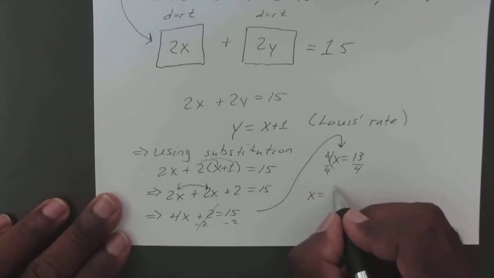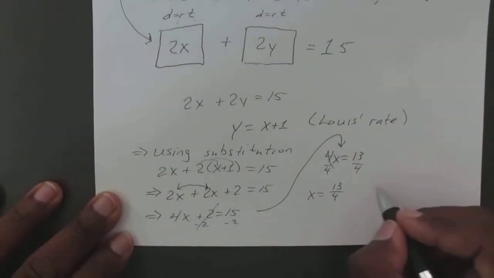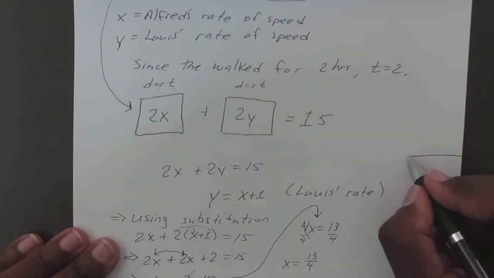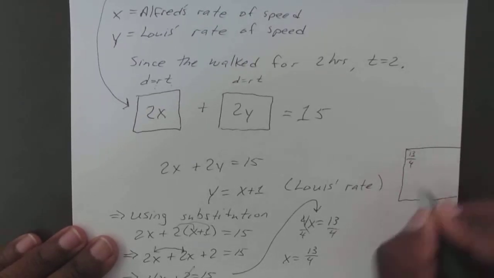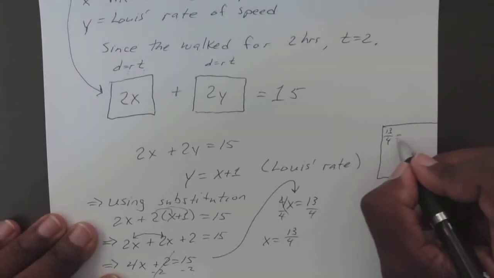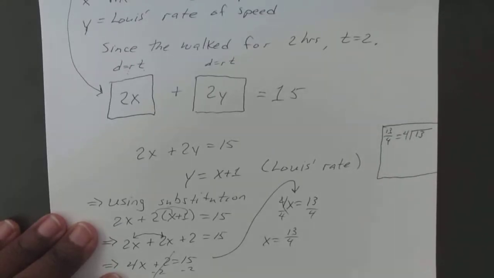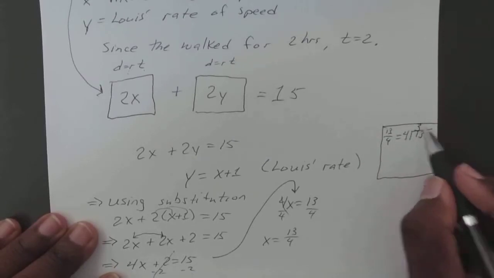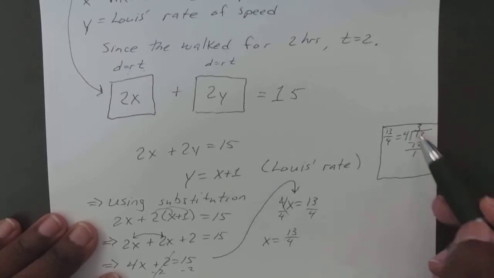we have x equals 13 divided by 4, which we can actually convert to a mixed number. And I'll do that kind of on the side here, so I won't take up too much space. Okay, so remember 13 divided by 4. 4 goes into 13 3 times. 4 times 3 is 12. 1, so you have 3 and 1/4.